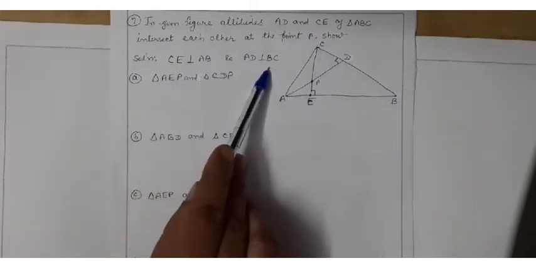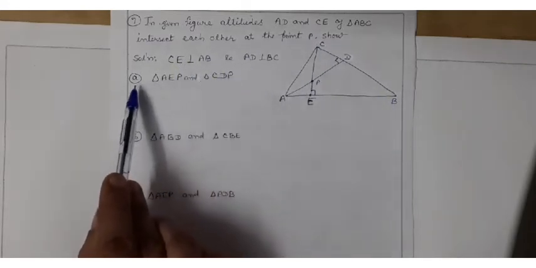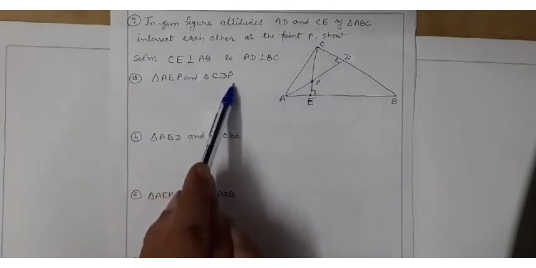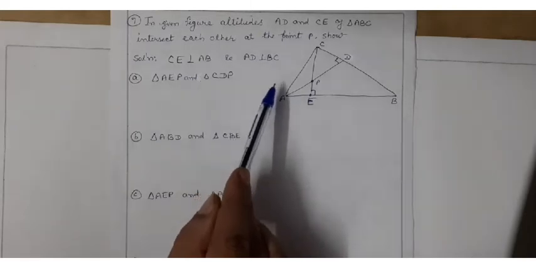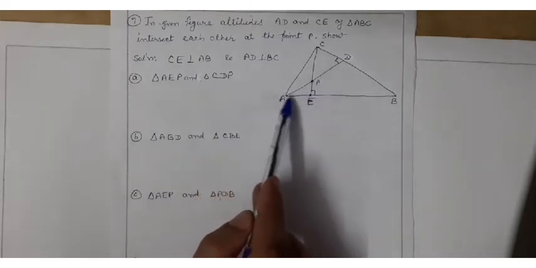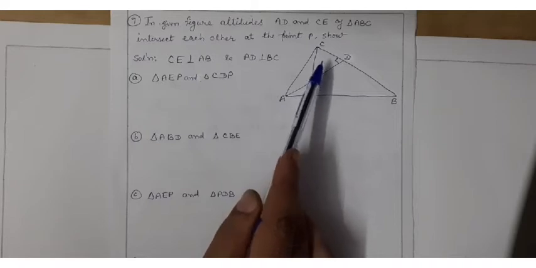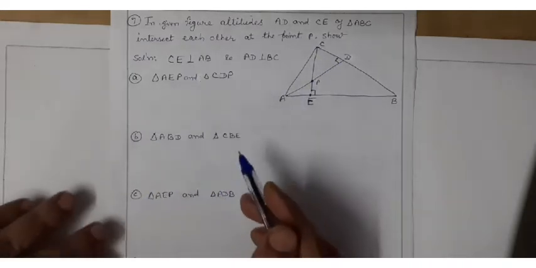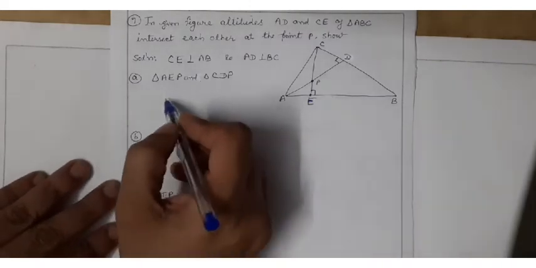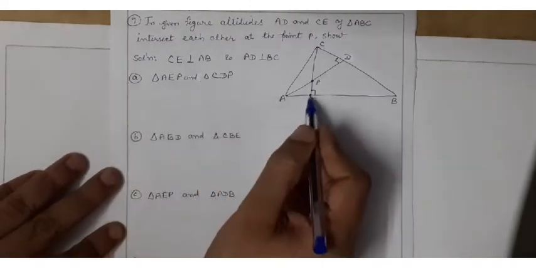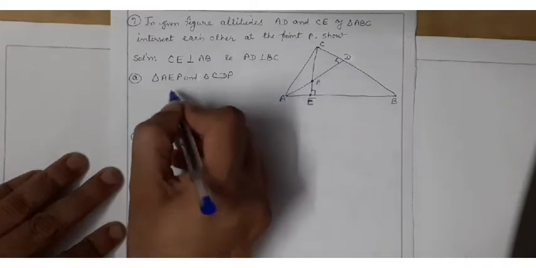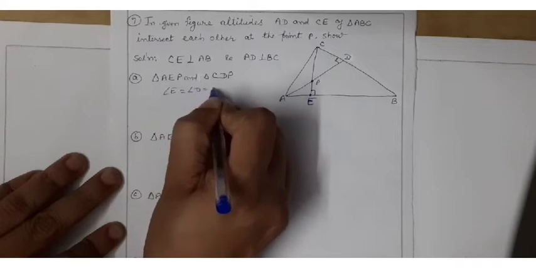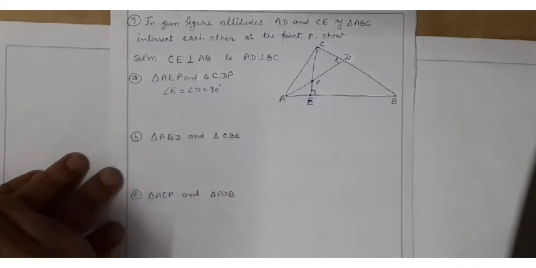This is written. Now I am taking two triangles AEP and CDP. Now tell me which two angles are 90 degree. One is E and one is D. Angle E and angle D, this is given to you 90 degree.